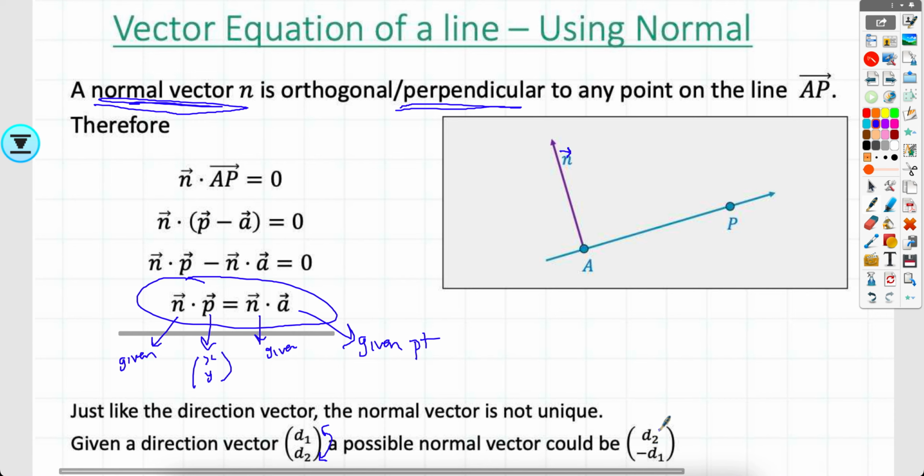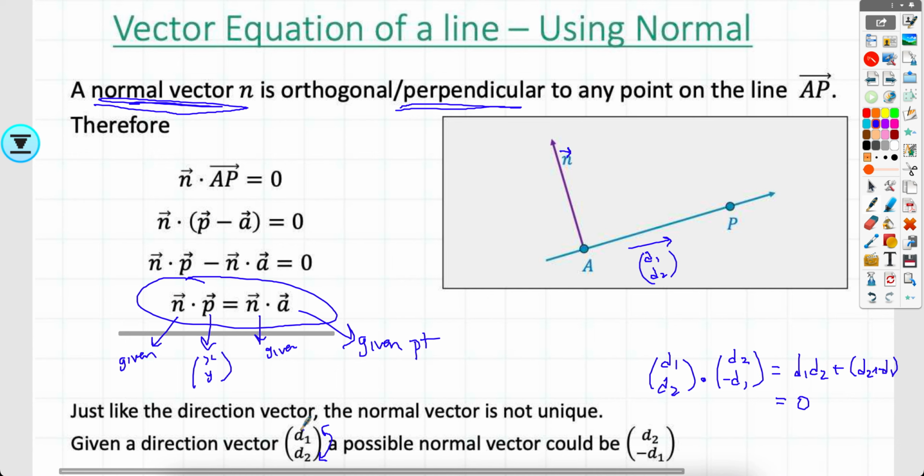So by doing that, this is normal to this, and you can check: if you have d1, d2, take the scalar product, this is d1, d2, and you have the normal to it. So this will be d1 times d2 plus d2 times negative d1, which will give you 0.